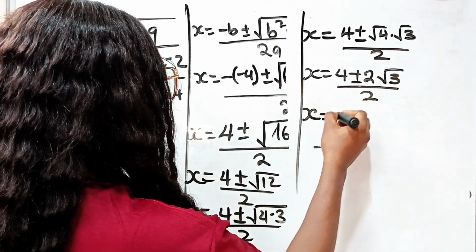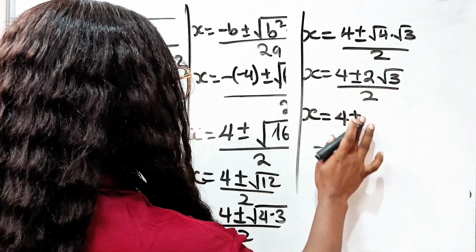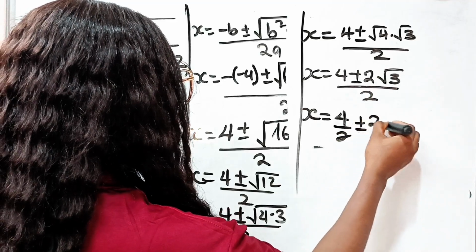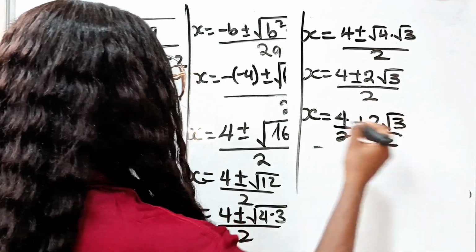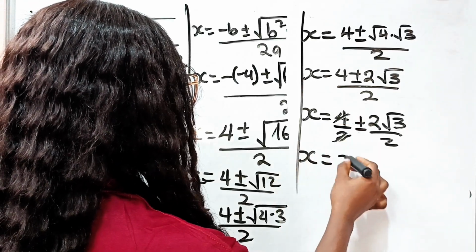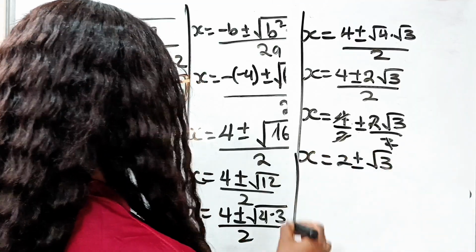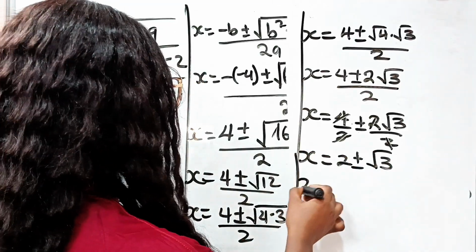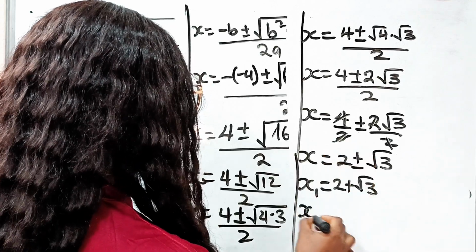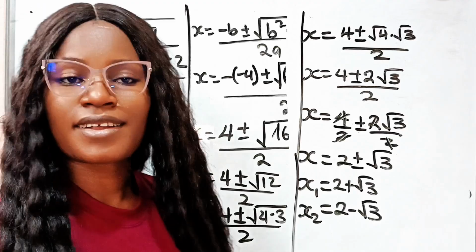So you have x equal to 4/2 ± 2√3/2. So our x will be 2 ± √3. Therefore, the first real value of x is 2 + √3, and the second real value of x is 2 − √3. And they are the answers.